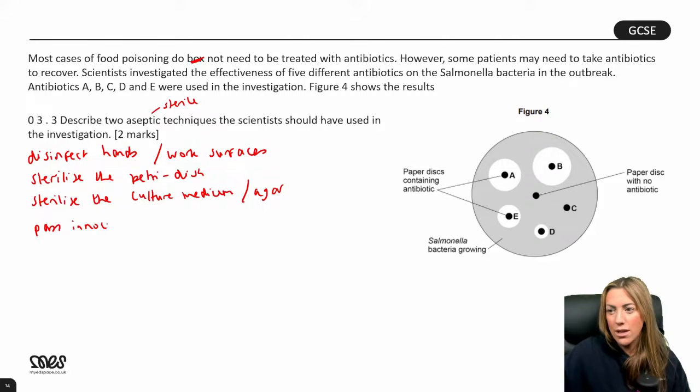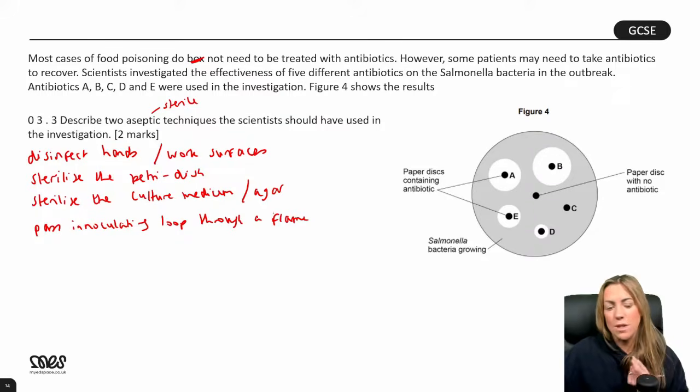Pass inoculating loop through a flame. The inoculating loop is actually what you spread the bacteria with. It's made of metal, so we put it into a really, really hot flame to destroy any other bacteria, like contaminating bacteria that might be on that inoculating loop.